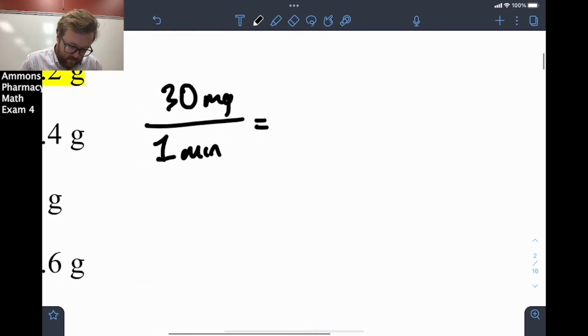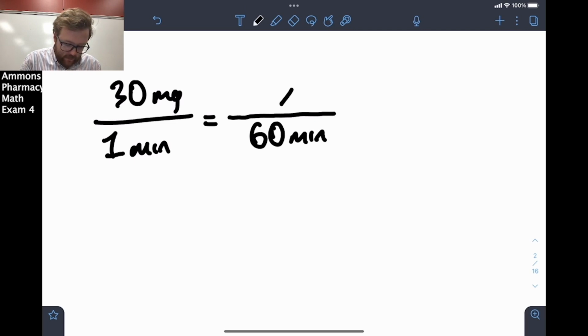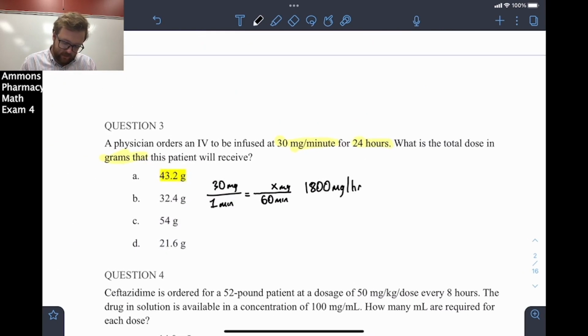On this side, I'm going to go ahead and convert into hours because I know that there are 60 minutes. That's 30 times 60 divided by 1, but that's 1,800 milligrams per hour.